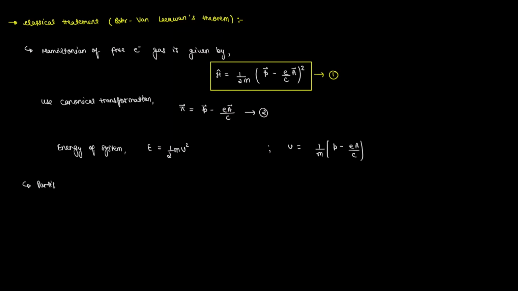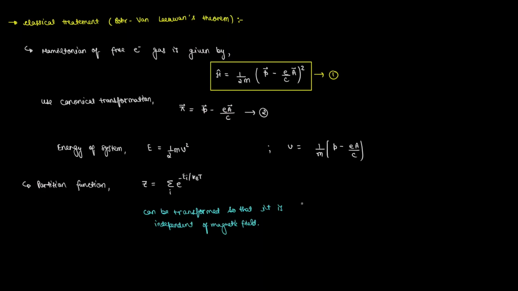Now, as the partition function is given by summation over i of e raised to power minus ith energy divided by kT, under the canonical transformation this partition function can be transformed so that it is independent of the magnetic field.